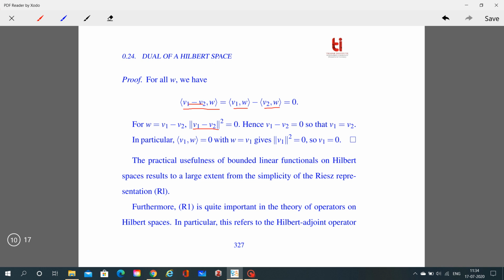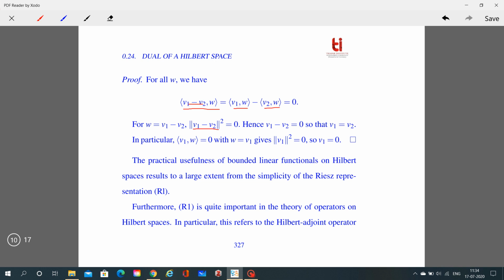So this becomes the norm of v1 minus v2 squared, which is equal to 0. So hence we can say that v1 minus v2 is equal to 0, or v1 is equal to v2. In particular, the inner product of v1 comma w equal to 0 with w equal to v1 implies that the norm of v1 squared is equal to 0. So v1 is equal to 0.